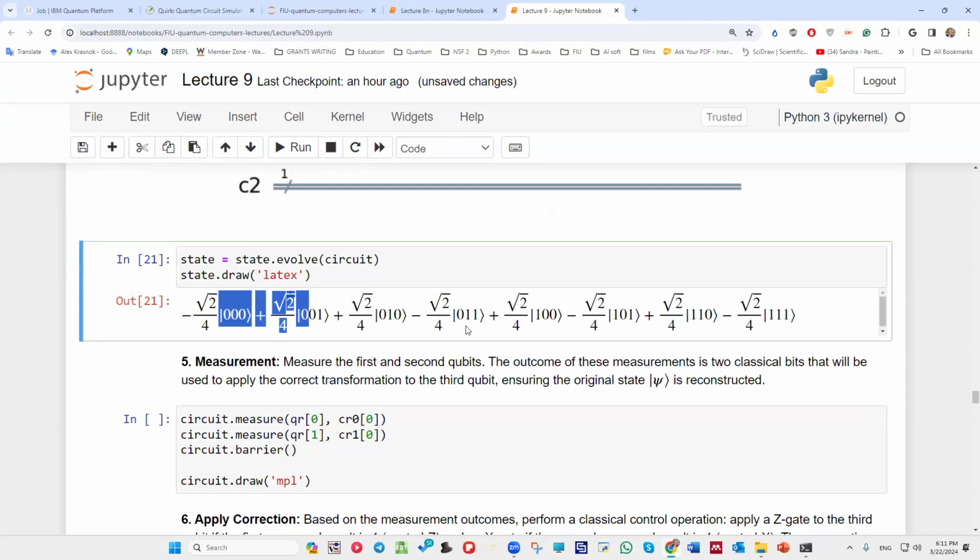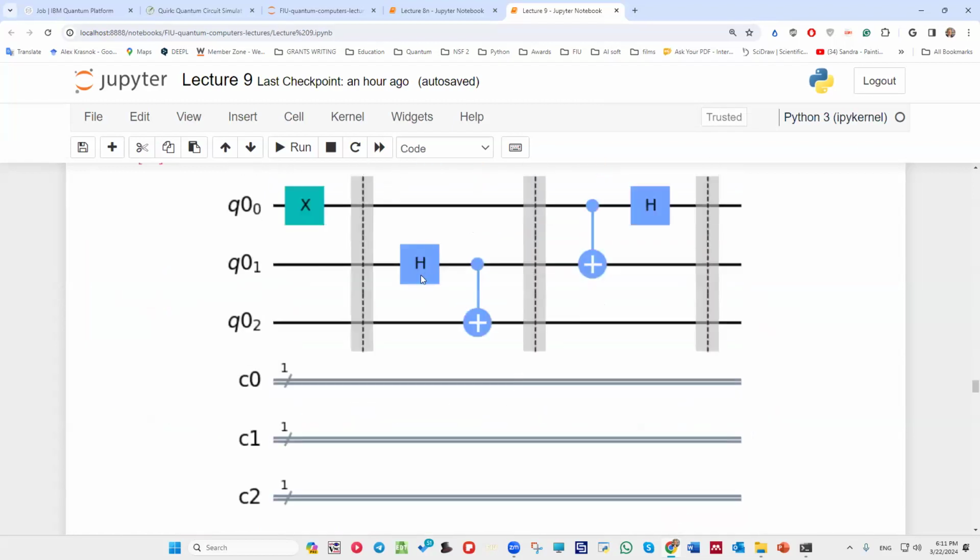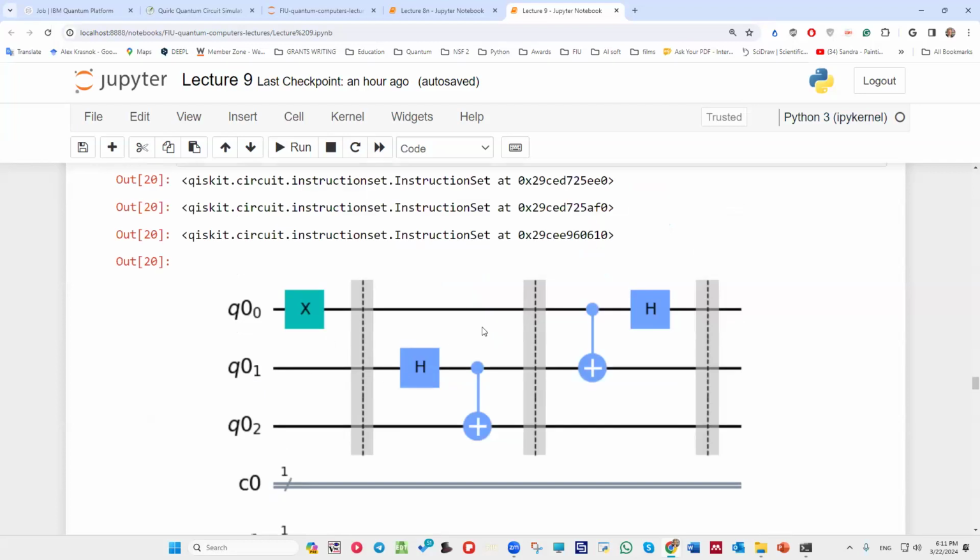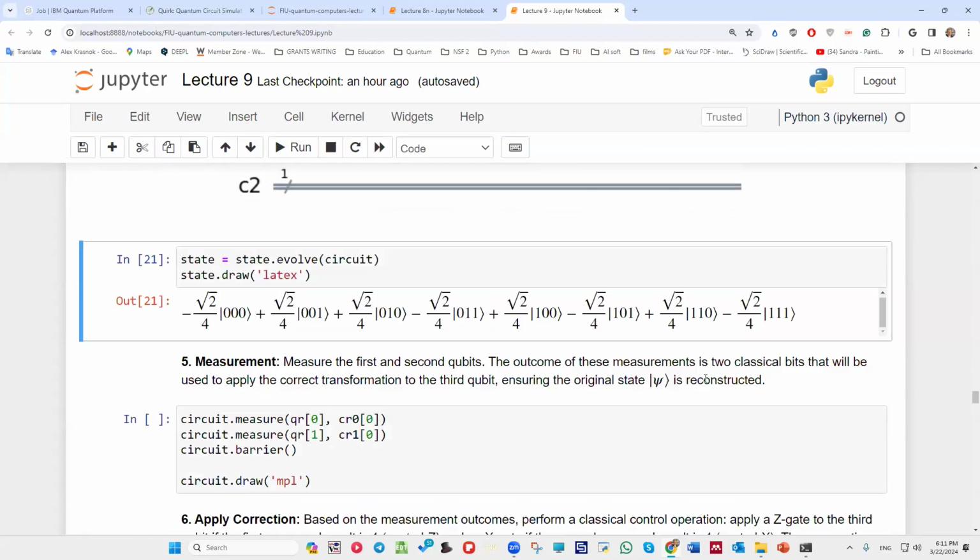Okay, so this string describes the state of all three qubits. As you can see, all of them are entangled. So it is a non-separable state. So since this stage, all three qubits are entangled. And if she measures the qubit 0, that affects the state of all other qubits.